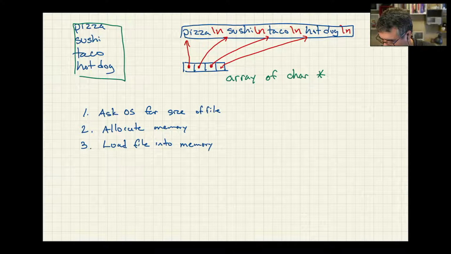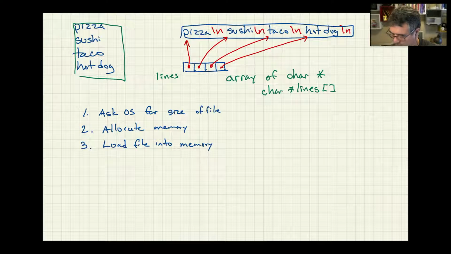So one way to declare this is, let's give it a name. Let's call it lines. We would say character pointer lines array. So it's an array of character pointers.